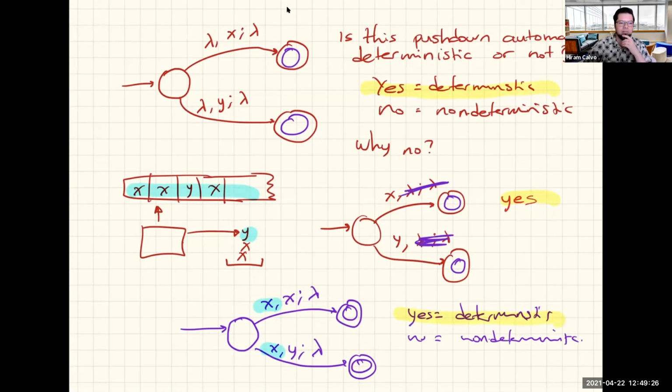Okay, so don't worry, maybe this determinism is a little bit trickier than before because now we depend on two different things. So if you have doubt, you just think, can I take a decision based either on the input string or the top of the stack? If I have any of them, then I can take a decision. In this case, we have the same input symbol here, but you can take the decision based on the top of the stack. And here, you don't care about what the input symbol in the string is.